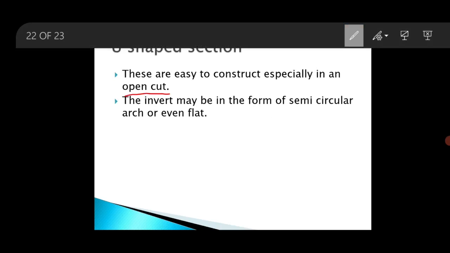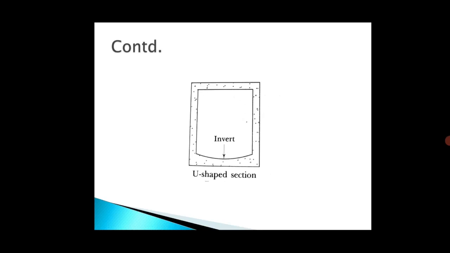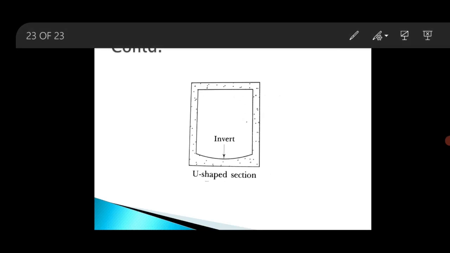The invert of the sewer may be in the form of a semicircular arch or even flat, and the sides are vertical and the top is flat. So this is all about the different shapes of sewer.